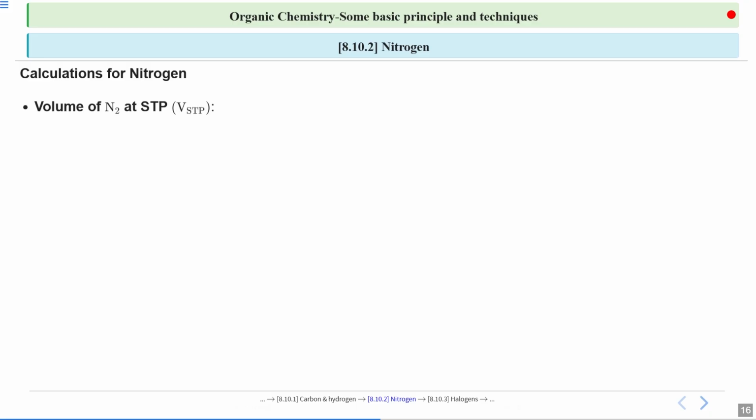Now let's calculate the volume of N2 at STP. So from the combined gas law, we know that P1 times V1 divided by T1 is equal to P2 times V2 divided by T2. So V1 is the volume of nitrogen gas that we have actually collected during the experiment, measured in milliliters.